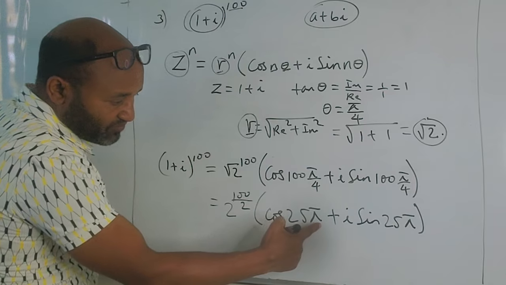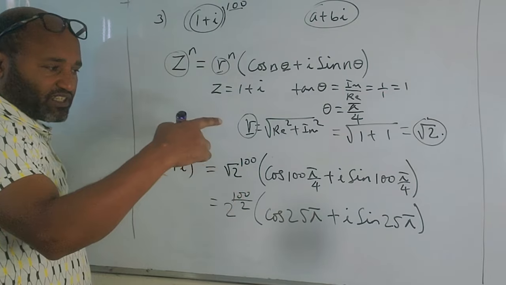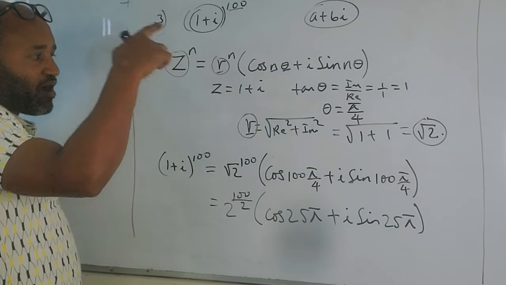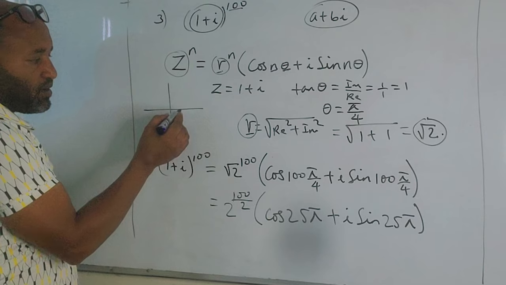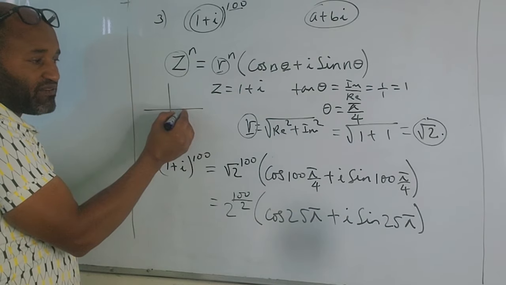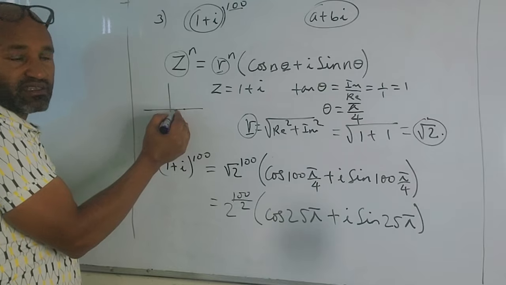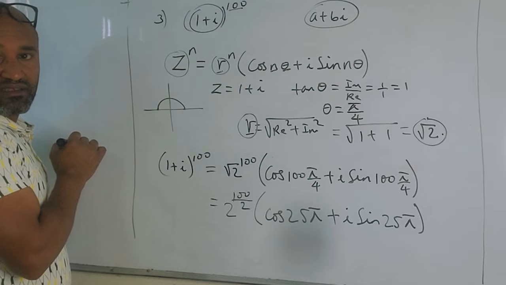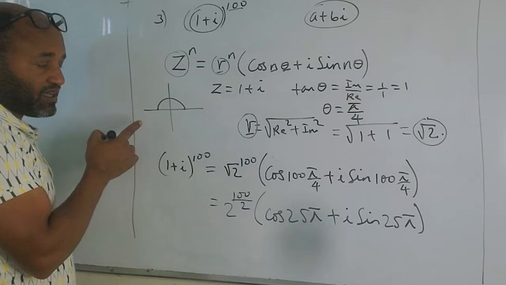Look, in 25 pi the coefficient of pi is an odd natural number. In our rotation, whenever n is even, the angle is 0. When it is odd, the angle is equivalent to pi.